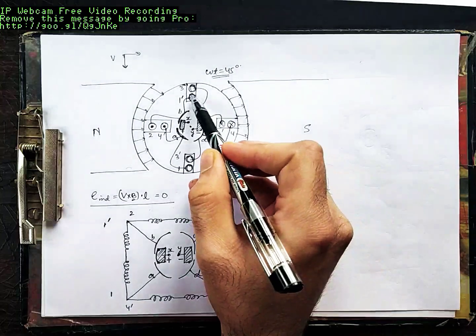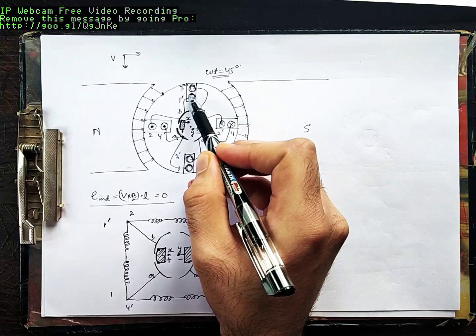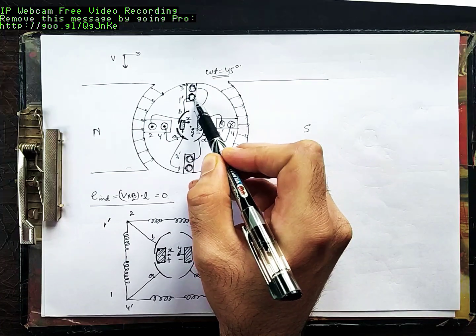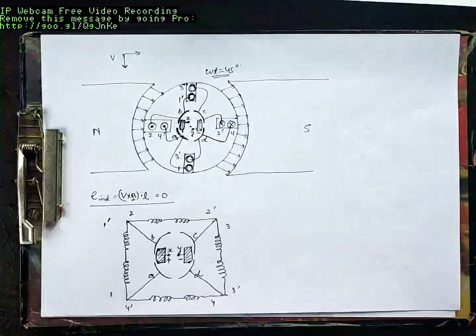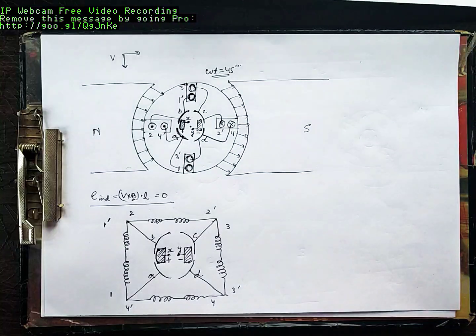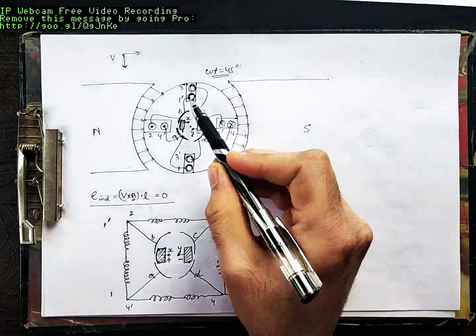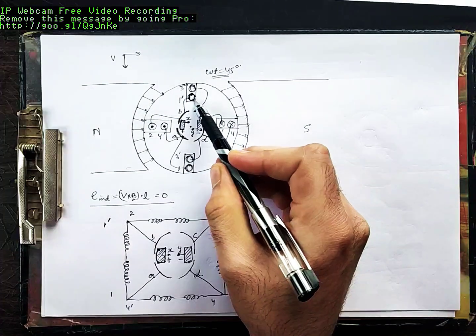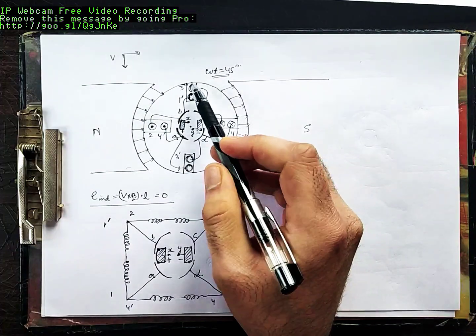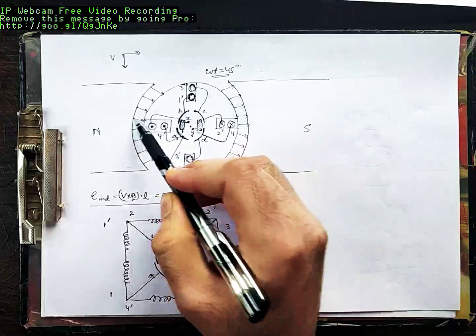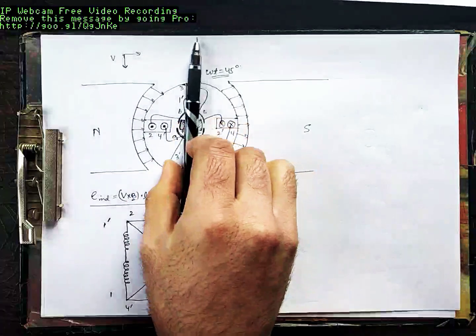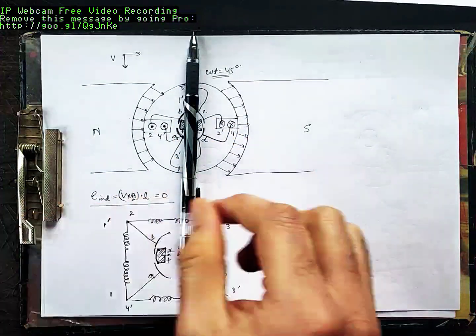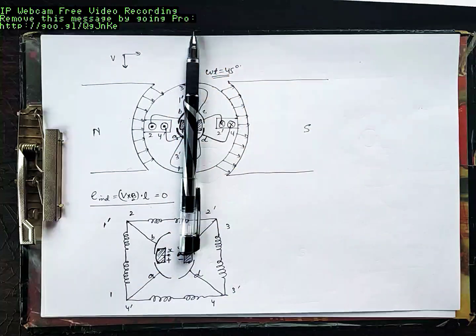This is coil side 1 prime. What is the magnetic field linked to this 1 prime? B is 0 over here, because this is exactly between the north and south pole. Magnetic neutral plane. Here the magnetic field is 0.